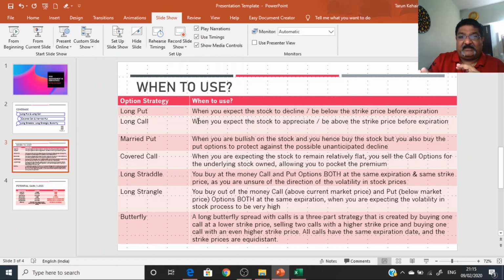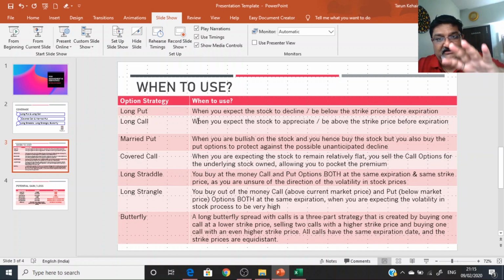But at the same time, you also want to protect your downside because you want to protect against an unanticipated decline in the stock. So you will not only go long on the stock, you will also go long on the put options to protect or hedge against the possible, or rather unanticipated, decline in the stock prices.